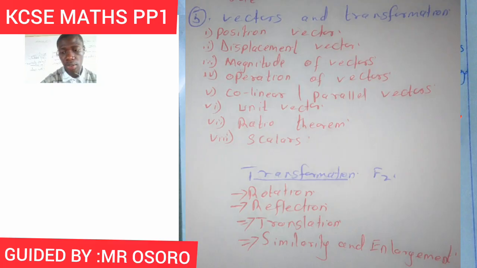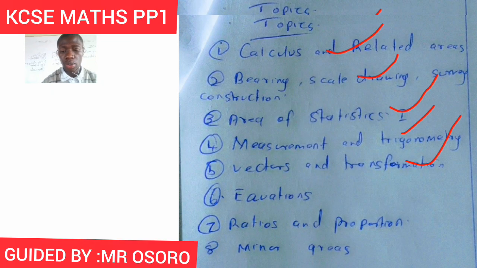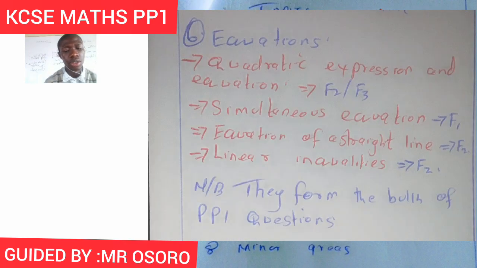that appertain to it. Another thematic area in paper 1, KCSE, is the part of equations. So equations range from quadratic expressions. This is a Form 2 topic. Quadratic expressions and equations.